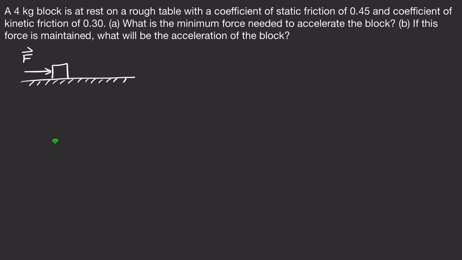So this block has a weight that is straight down, a normal force that is perpendicular to the surface or straight up, and we're going to push it to the right, so everything's moving in the positive x direction. And that means that friction is going to oppose our motion. So if we're going to push the box to the right, friction is going to be to the left.